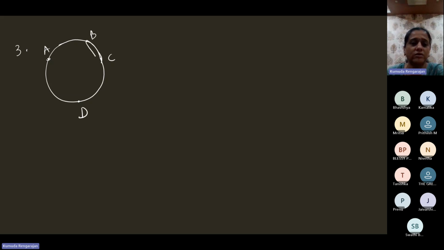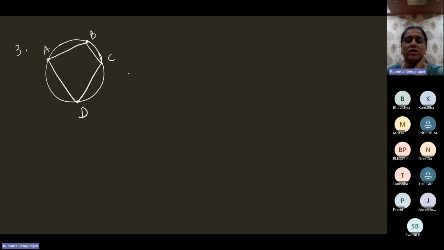So when you join these 4 points A, B, C, and D, the quadrilateral obtained is a cyclic quadrilateral. ABCD is a cyclic quadrilateral because the vertices A, B, C, and D lie on the circumference of a circle.